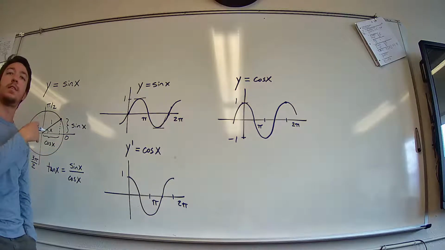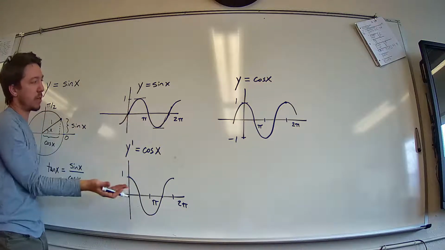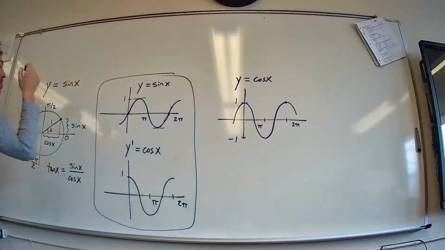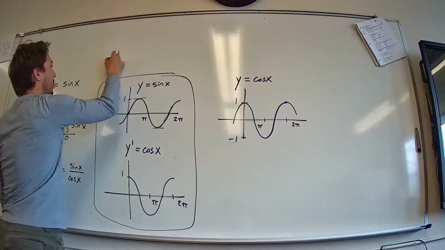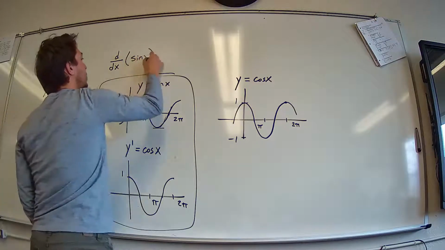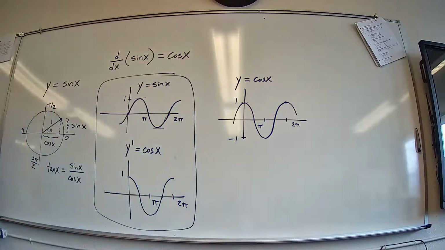This is sort of a loose argument for why this relationship exists. So the moral of the story is the derivative of the sine function is just the cosine function. Isn't that beautiful?